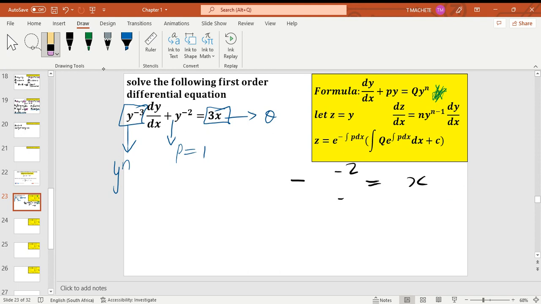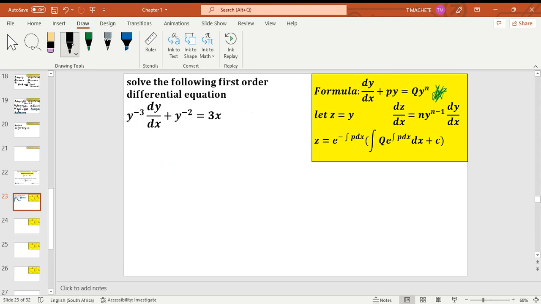So that's how you derive it. That one is already solved. You divide everything by y to the power n. Okay. So after identifying your values, that this one is q, this one is y to the power n, the next step, you say z equals y. You take this value that is in front of p.